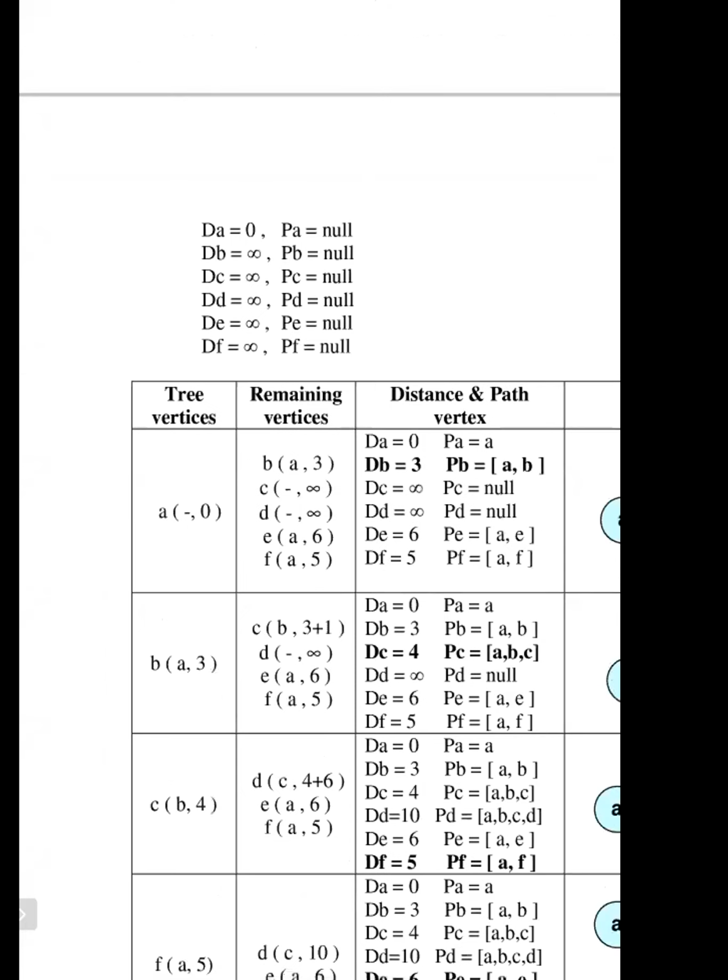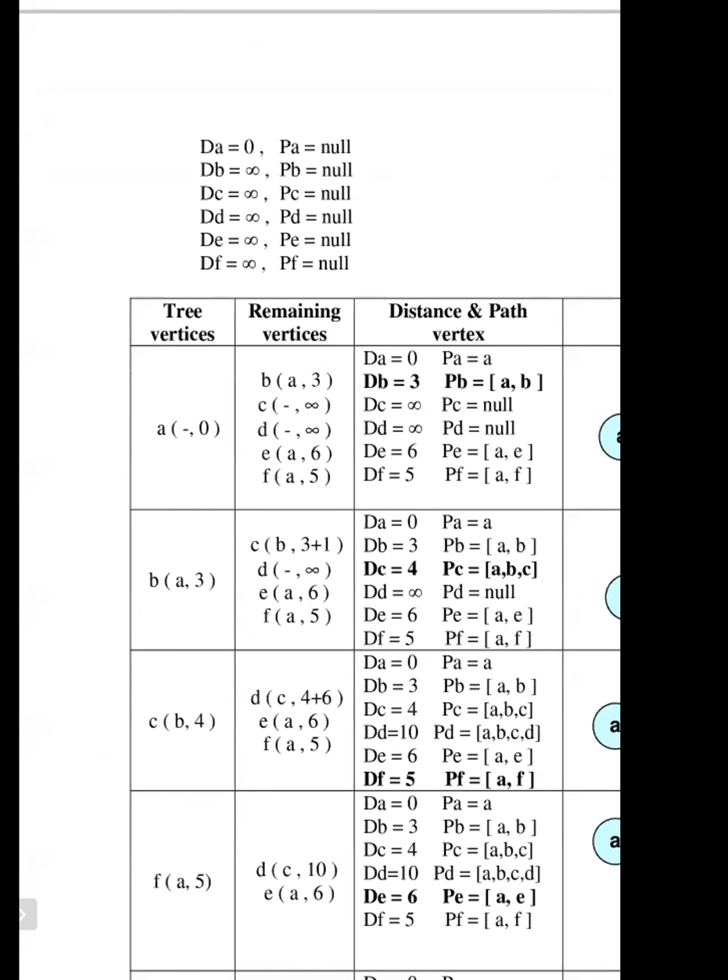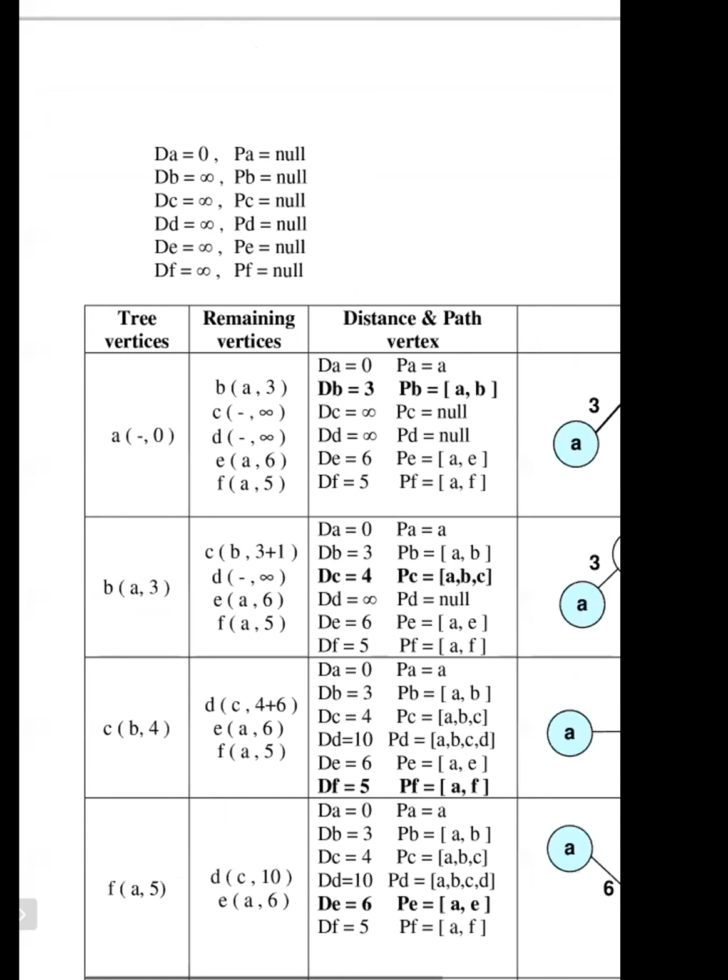Just repeat the same way in which the minimal spanning tree is solved. First, the tree vertex is A. Because we are starting with A, there is no weight attached to A, since A is the source vertex. So A, comma 0. The remaining vertices are handled just like the minimum spanning tree problem; it is very similar to Prim's algorithm.